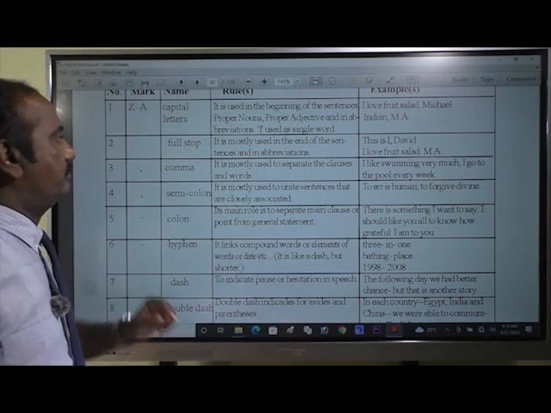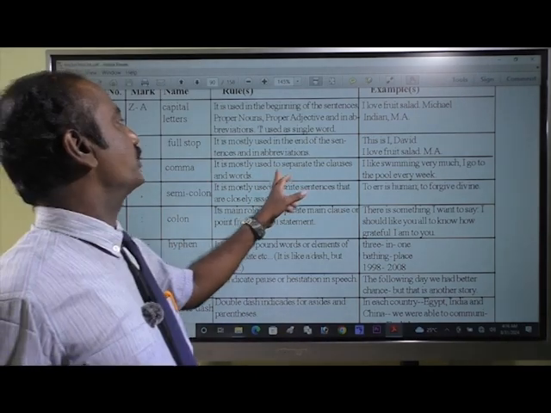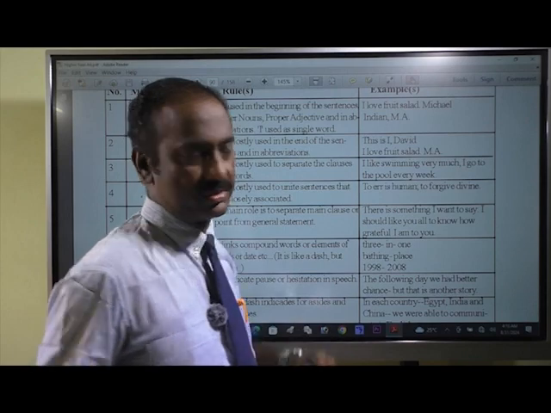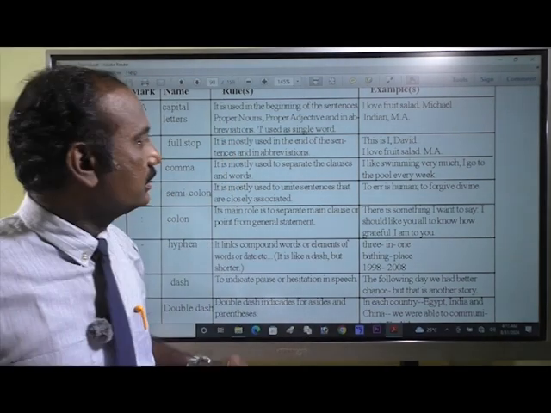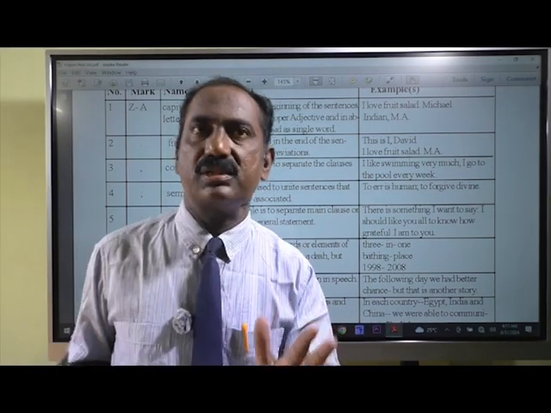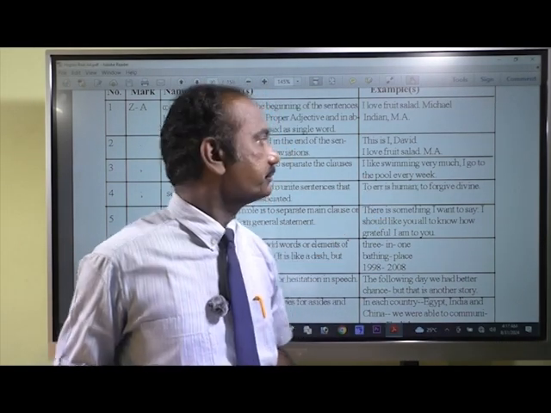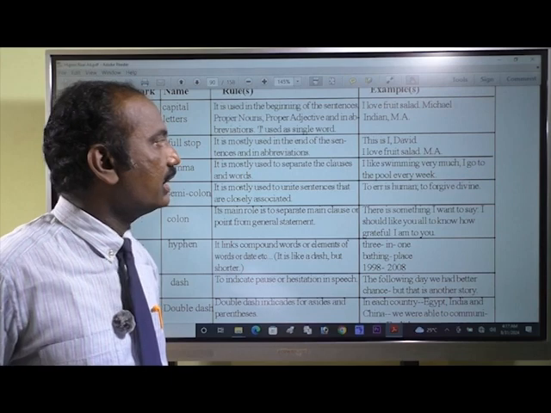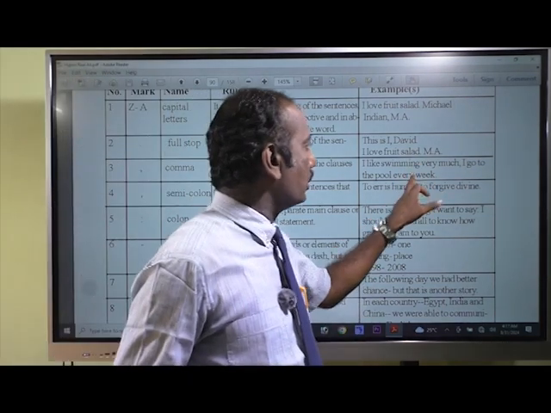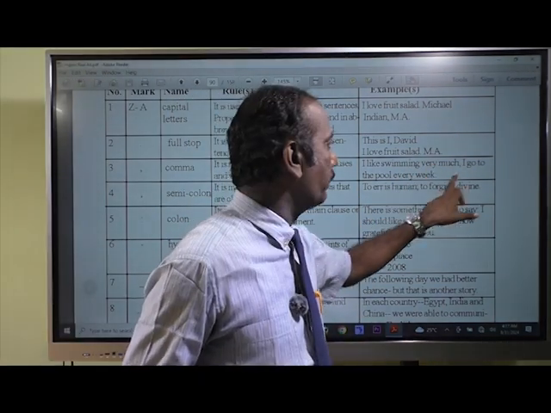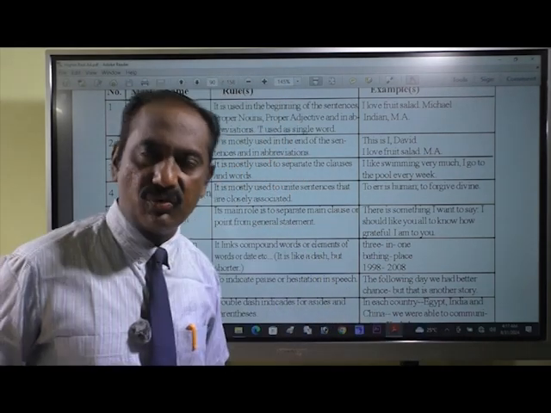Okay, number 3 is the comma. The comma is mostly used to separate clauses and words. The main clause and the subordinate clause have to be separated by a comma. Suppose: I like swimming very much, I go to the pool every week. Two clauses are separated by a comma. Some words also.